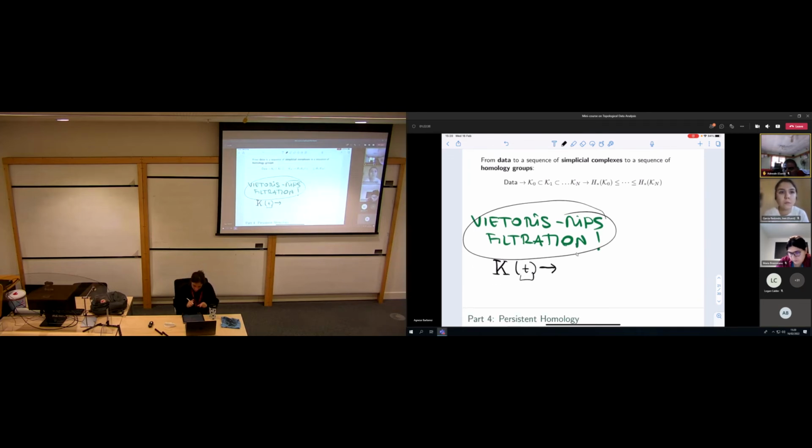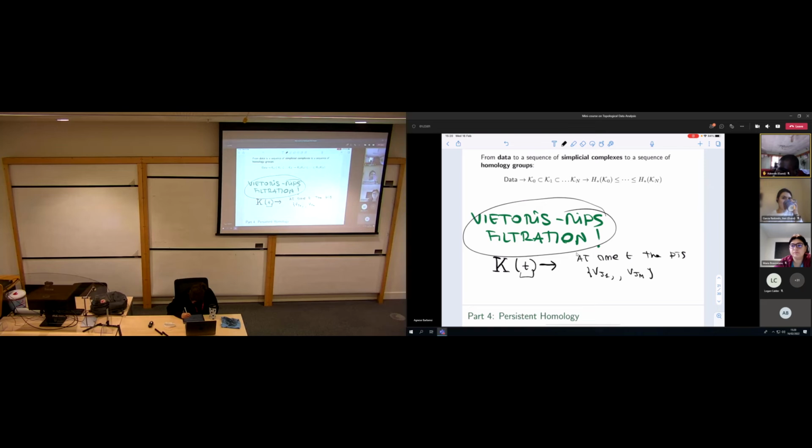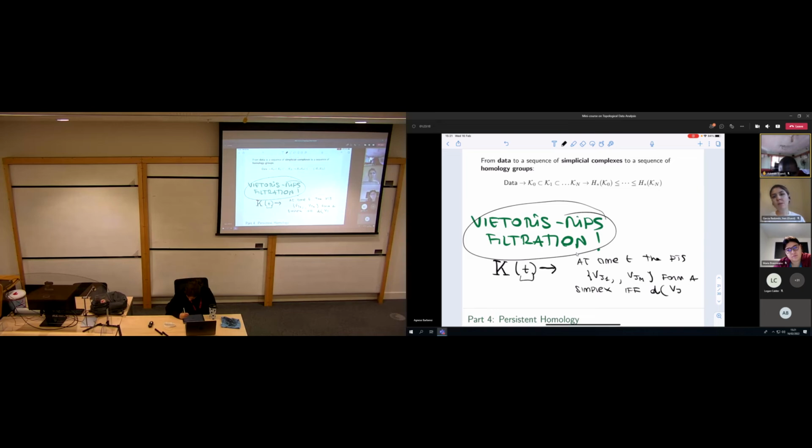The filtration works by telling you that at time t the points, let's call them Vj1 to Vjm, form a simplex if and only if the pairwise Euclidean distance between any pair of vertices here is less than t.